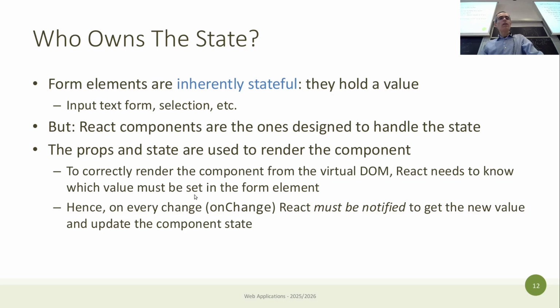So, to correctly render the component from the virtual DOM, including the form elements, the form fields, or the form controls, as we call them in JSX, we need to know which value the form control has. This form field, input type text, has a value, and React needs to know which value to write inside the text box when it renders the element.